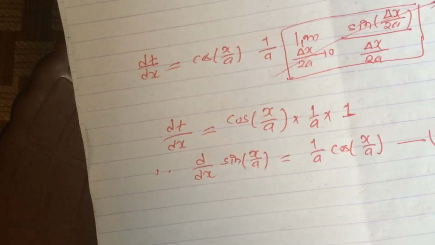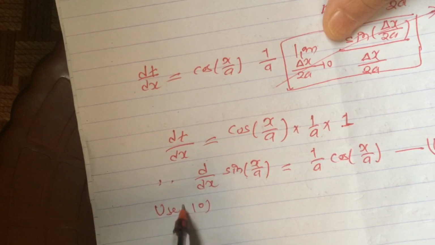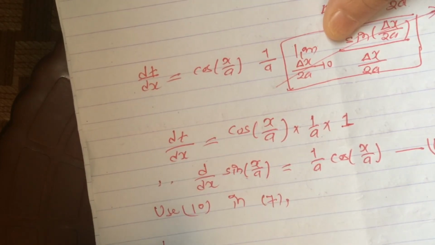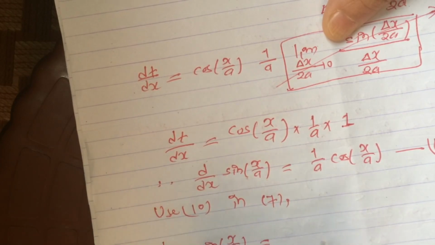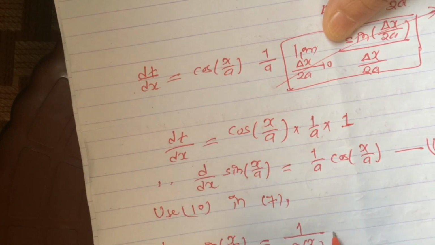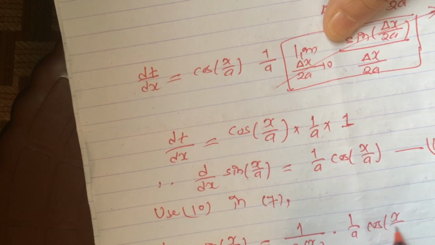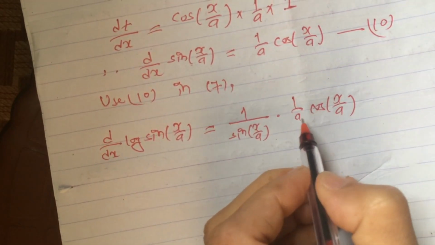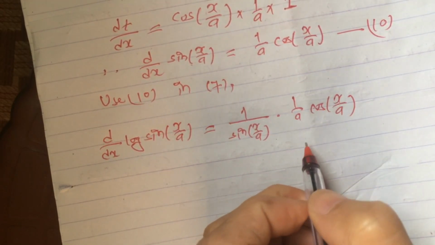Using equation 10 in equation 7, we get d by dx of log of sine x by a is equal to 1 by sine x by a times the derivative of sine x by a, that is 1 by a cos x by a.